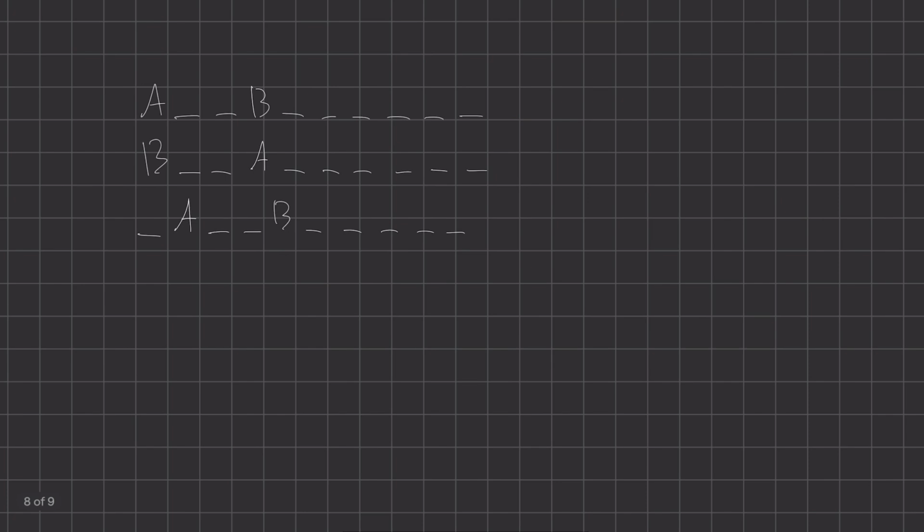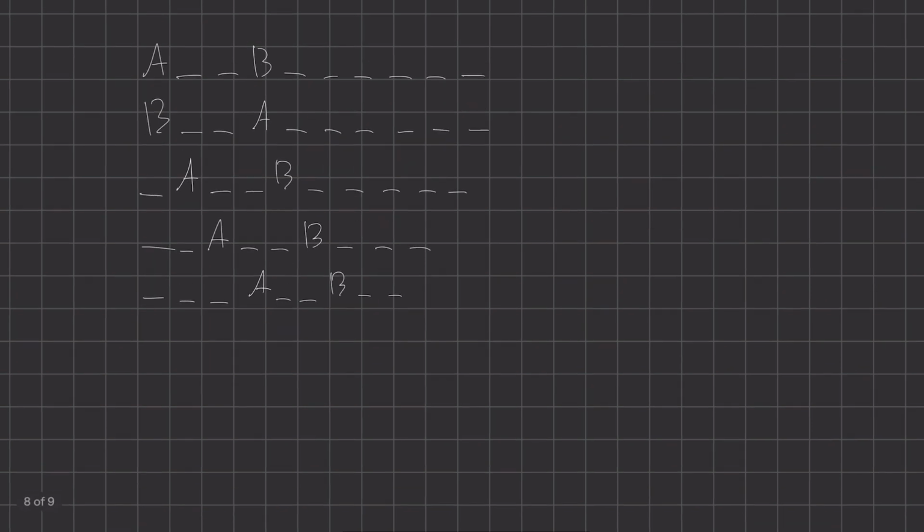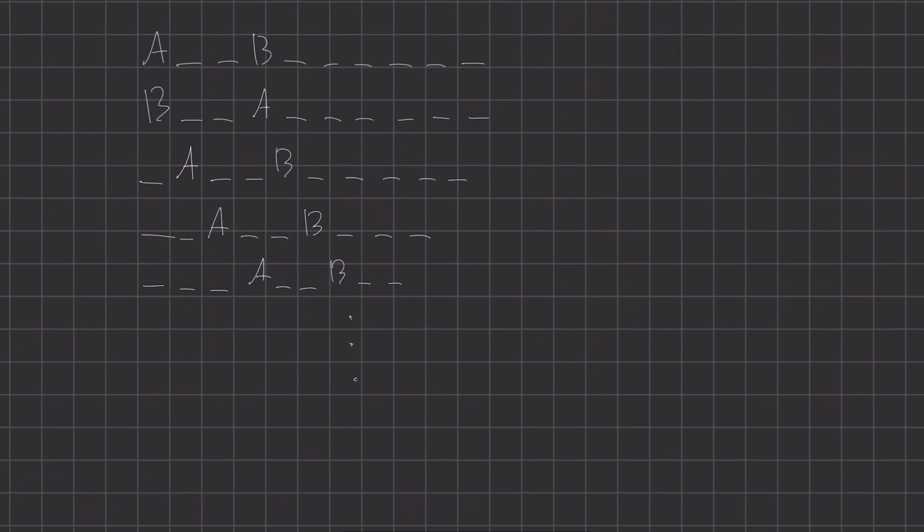And we can actually just keep doing that. And then we're gonna have some case where we have A, 2 spots, B, and 3 spots left here. So just like this, we can just keep going.